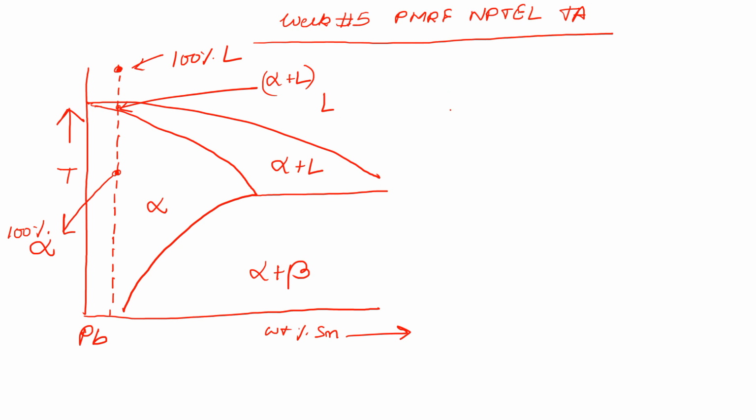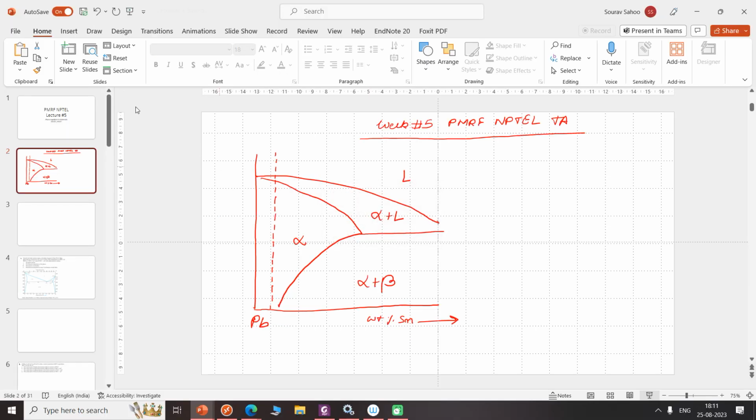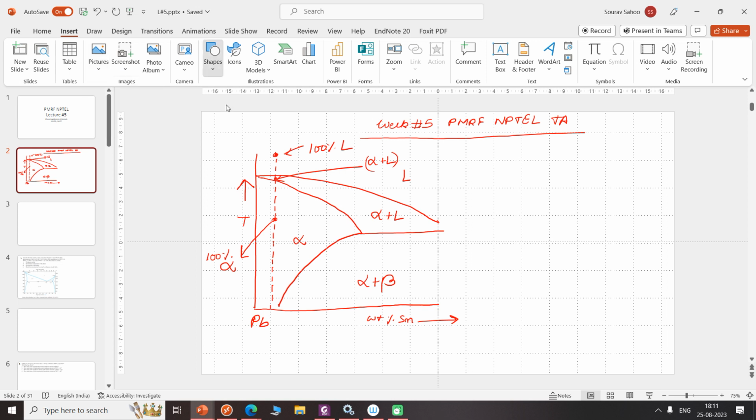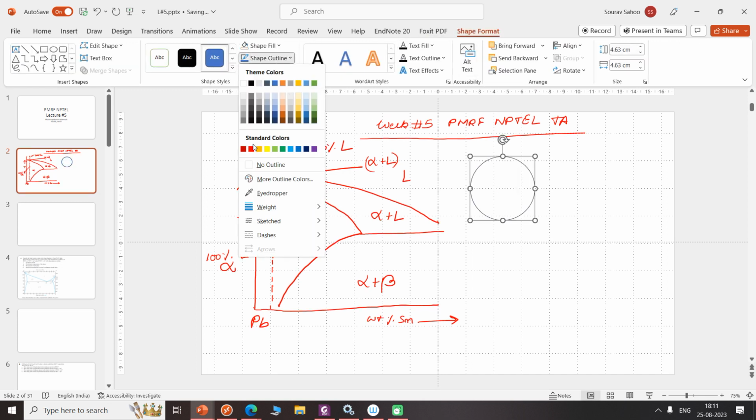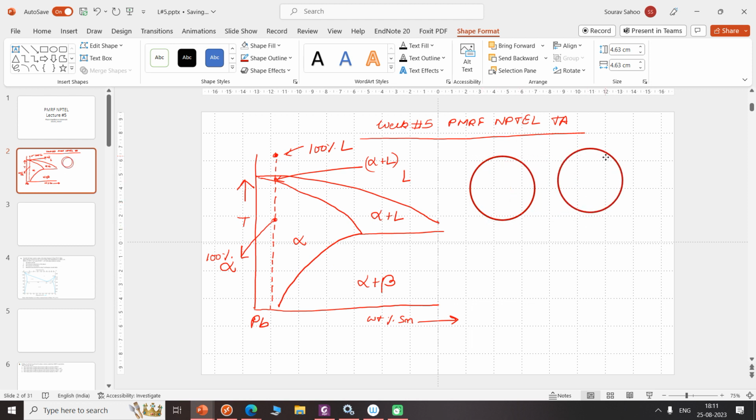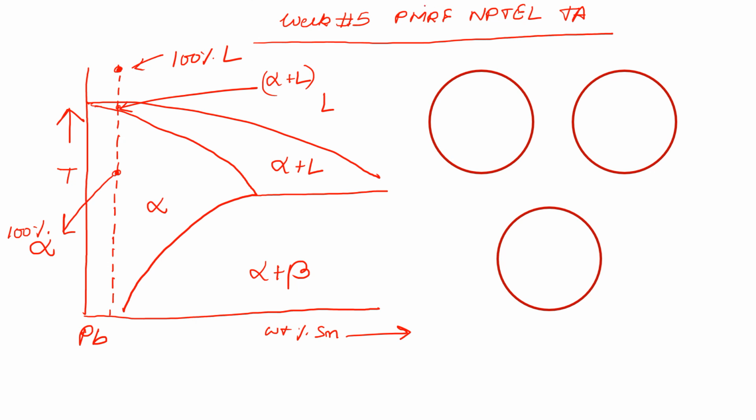Let's quickly see how the microstructures look for 100% liquid. Of course, maybe I'll just draw ellipses. At points 1, 2 and 3, at point 1 we'll have liquid of composition, let's say, C0.